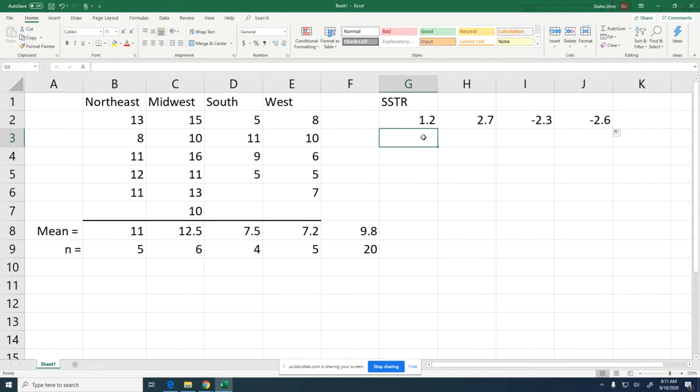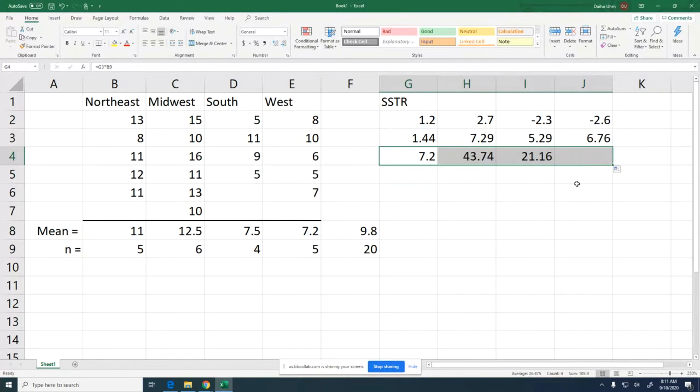And then let me take the square. You can put them together, take the difference, square, and put them together, but I want to do it step by step. So next, take the square of this one. And next, the sample size: the squared difference times the sample size, ni's. Then take the sum of all terms.